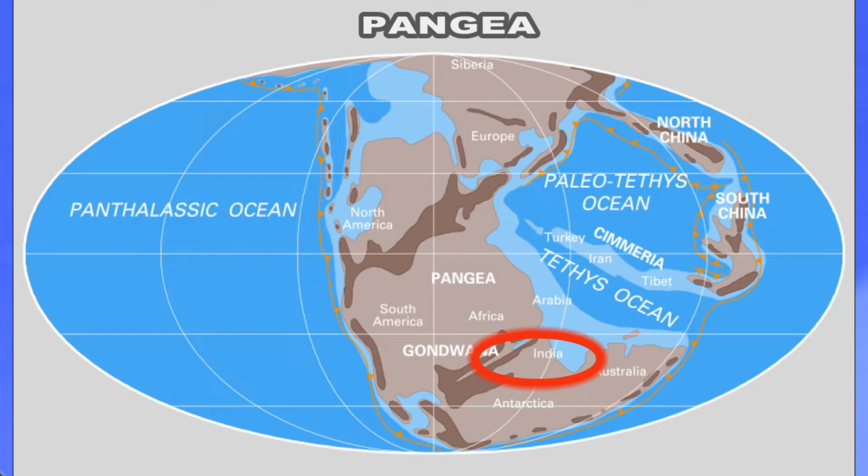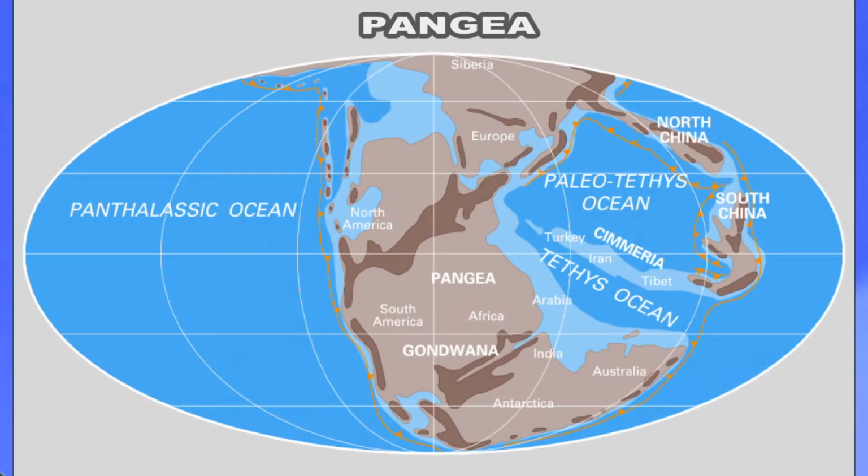Due to the convection currents, again I repeat, due to the convection currents, all these continents split from their original place and started moving towards the north. You know children, Gondwana land is a part of Pangaea. What is Pangaea?